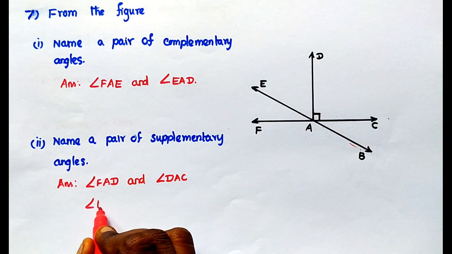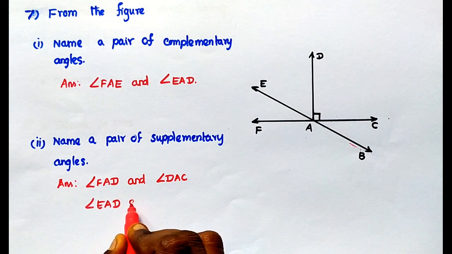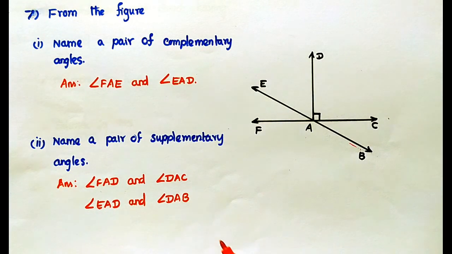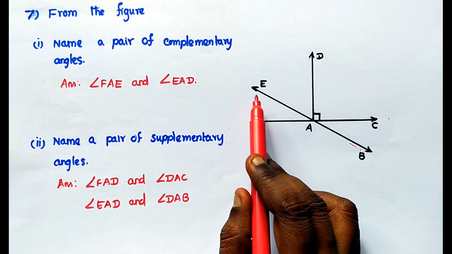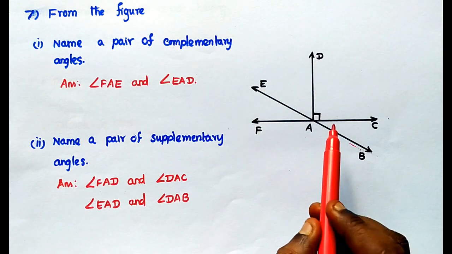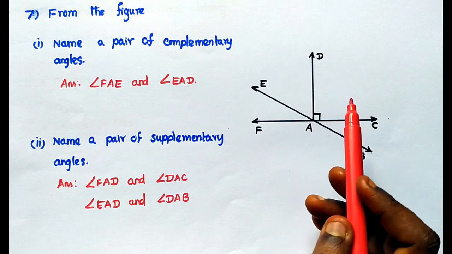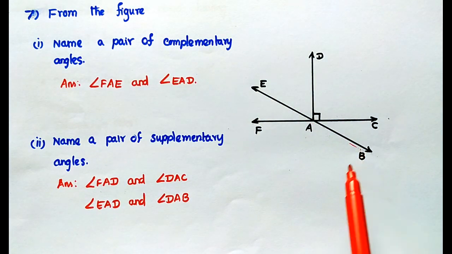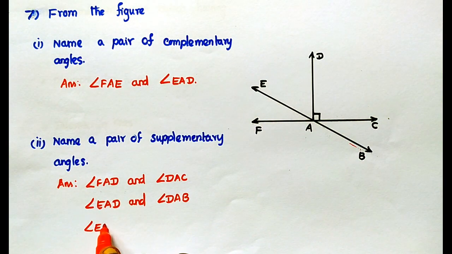So angle EAD and DAB. Next one, same angle split another way. EAC and CAB.